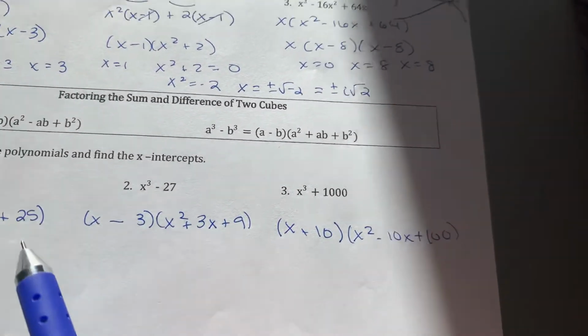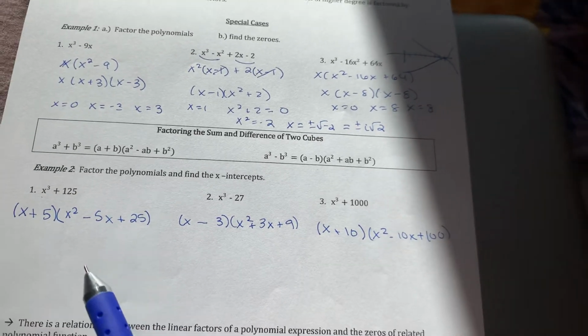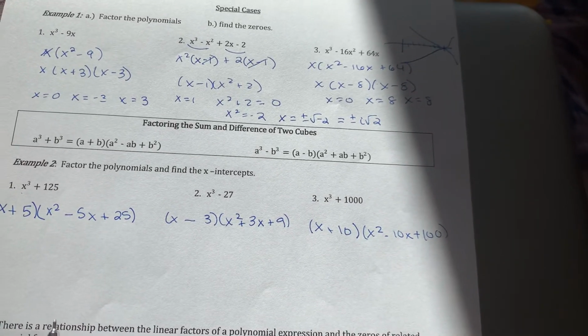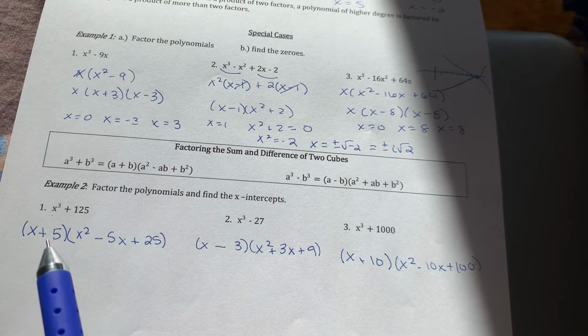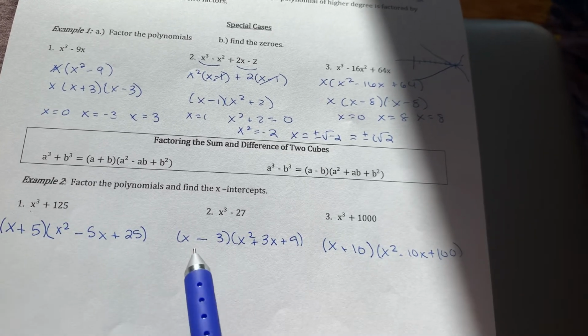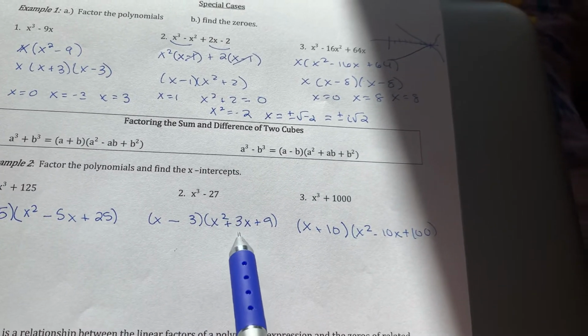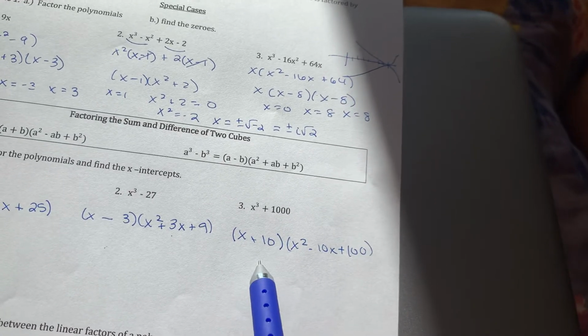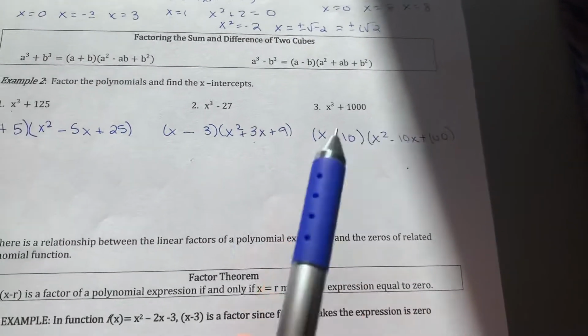All right. If you set each piece equal to 0 and solve, what will you get? So you get -5. You'd have to use the quadratic formula. 3. You better use the quadratic formula. -10. And use the quadratic formula.